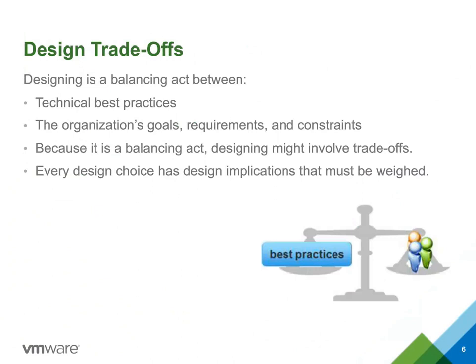So it ends up being a balancing act, and to perform it, the architect is going to need to work with the customer, in particular the key stakeholders and the subject matter experts, to make certain that the design choices being made make sense and are weighed against each other. Now, to explain that, let's go to the next slide and take a deeper look.